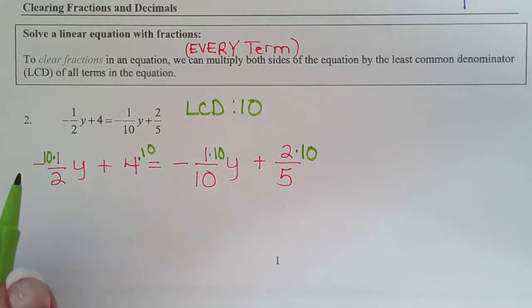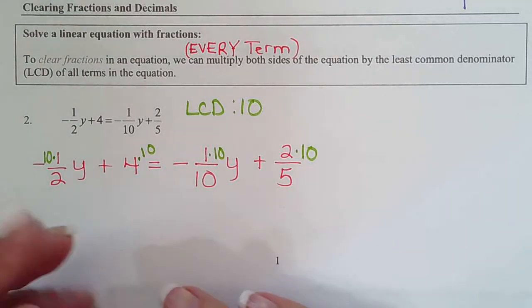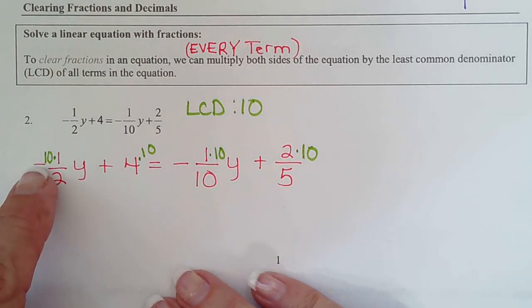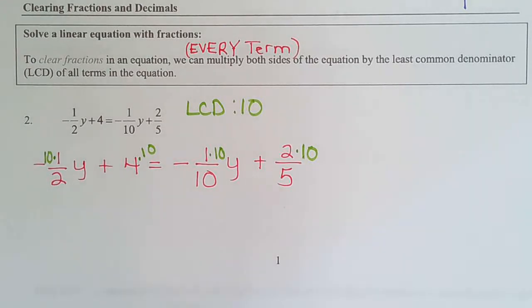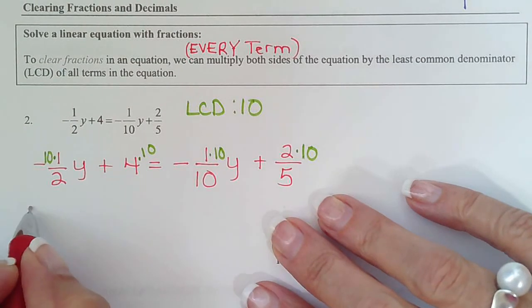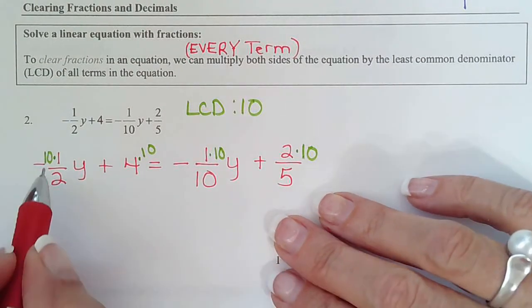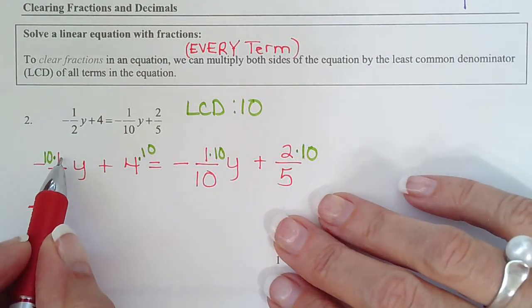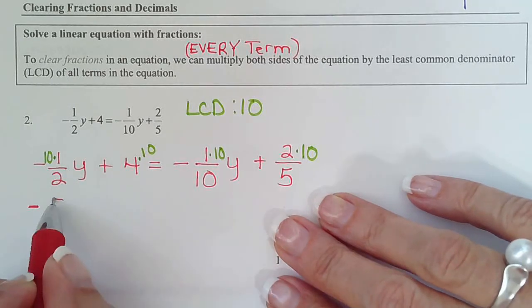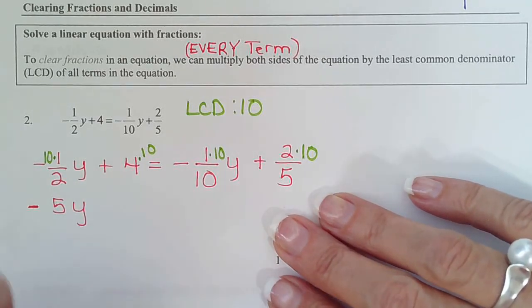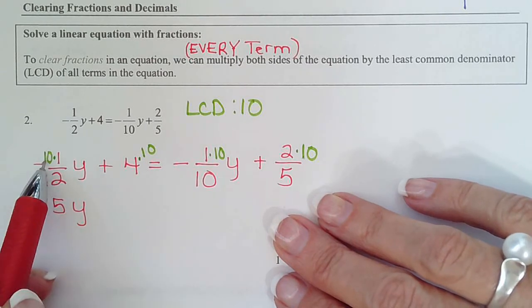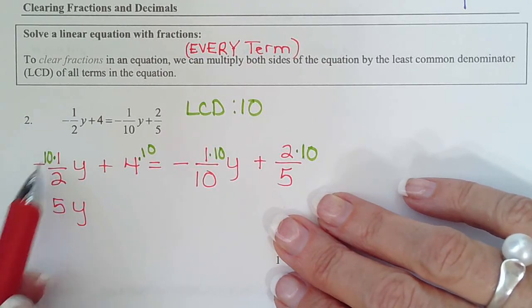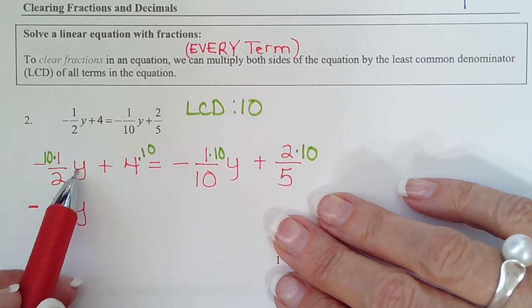And next, you can either use a calculator, use your head, use common sense, whatever works best for you. So this is a negative times a positive, so I know my next sign is going to be negative. And you can think of it as 10 times 1, 10, divided by 2, which is 5, and then the y. Or you can say, what's half of 10? Half of 10 is 5. Bring down the negative, bring down the y.